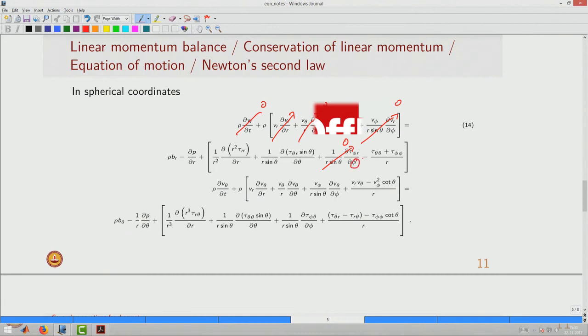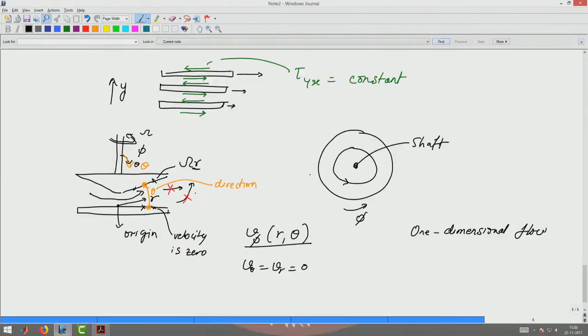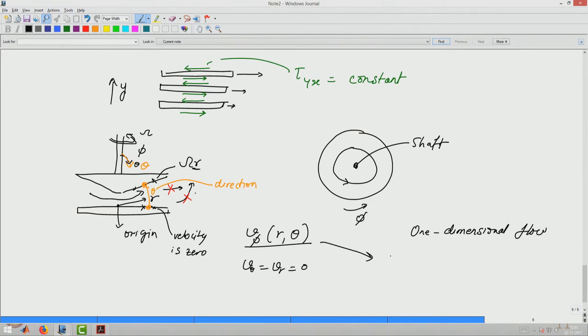because there is no phi dependence, although theta dependence may be there. So, we have V phi as a function of theta overall. So, the most dominant component will be tau theta phi.